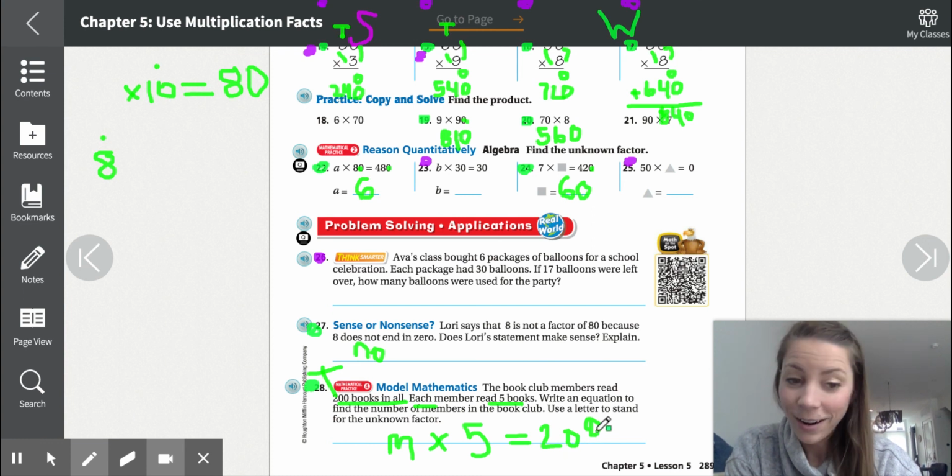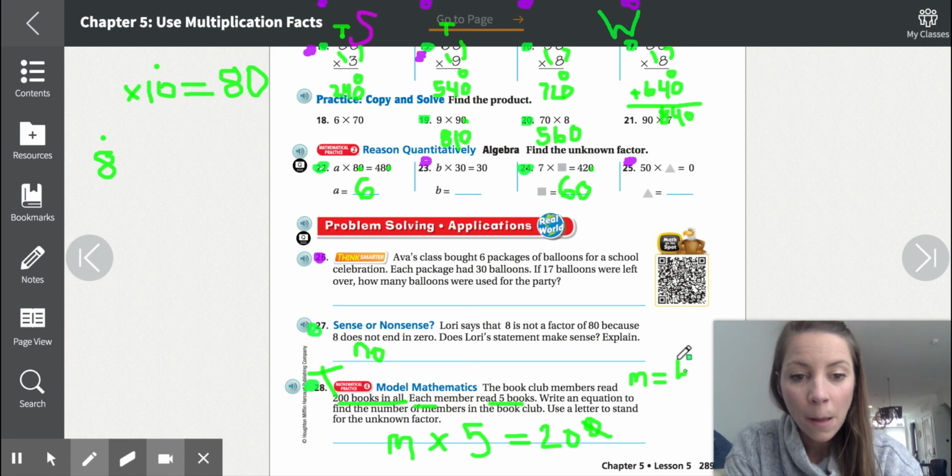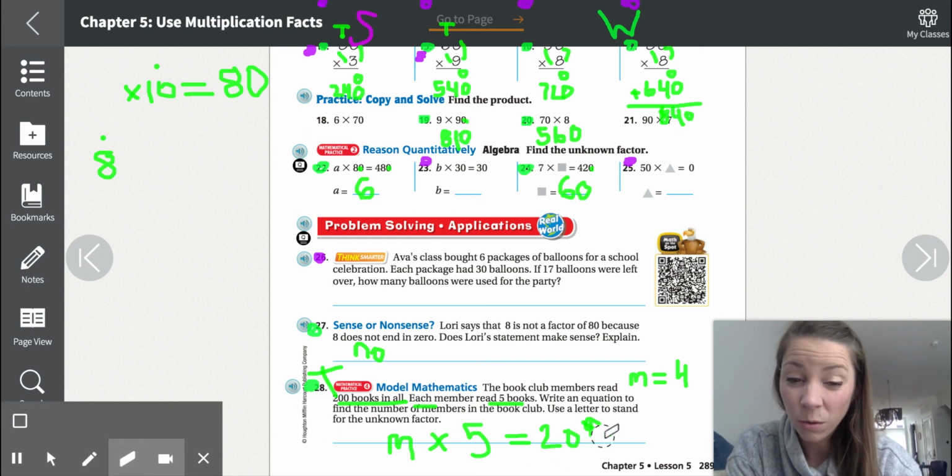I see an extra 0 here. So let me take out that last 0. What do I multiply by 5 to get 20? Or, see if we can solve it. M equals 4. So now let's check to see if that makes sense. 4 times 5 equals 20. I don't really want it to equal 20. I want it to equal 200.